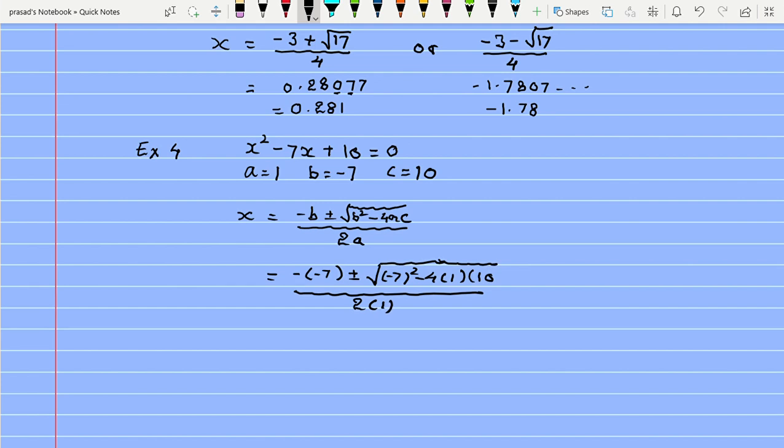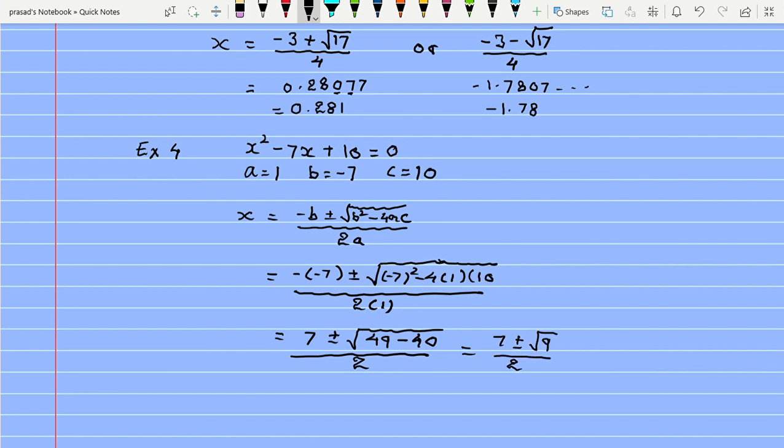Now negative of negative 7, that is 7, plus or minus negative 7 the whole square is 49 and this is 40, divided by 2, which is 7 plus or minus root 9 upon 2.